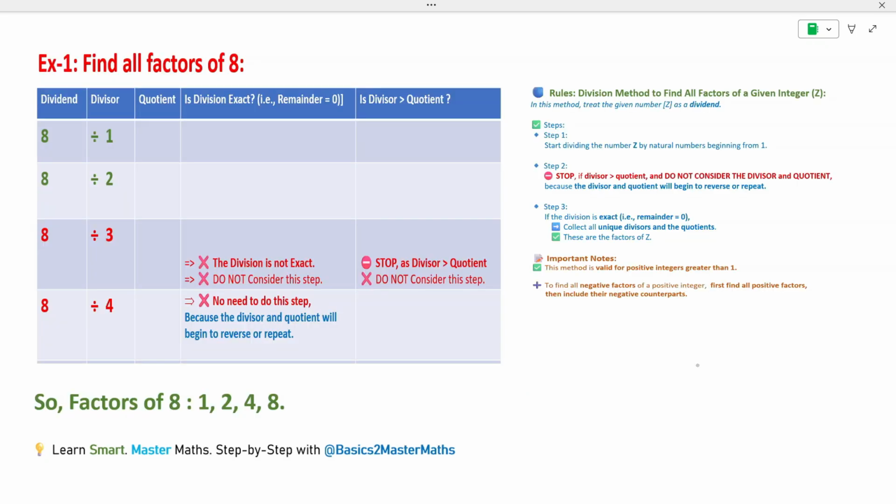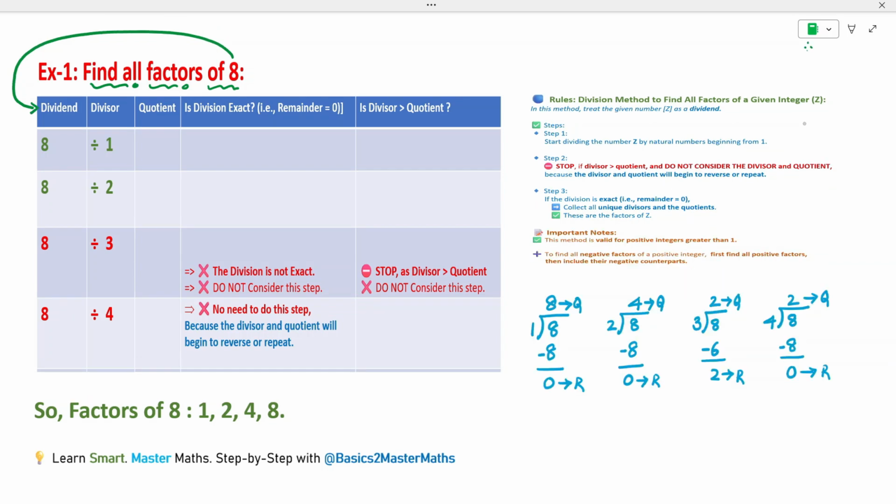Example: find all factors of 8. As per the rule, the given number becomes the dividend. Step 1. Start dividing the given number by natural numbers beginning from 1.